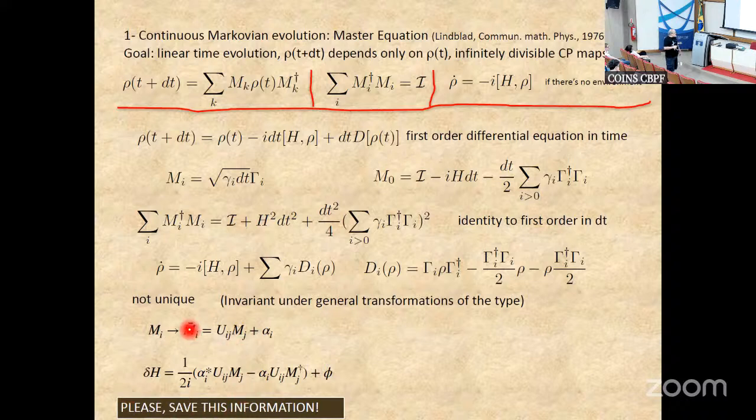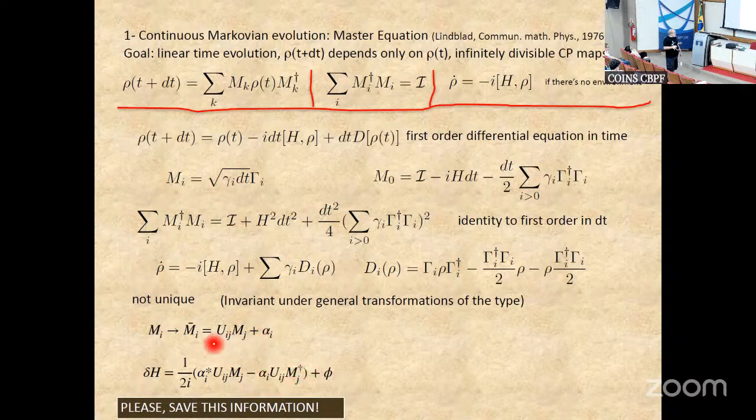And this transformation works like this. If you line up these operators in a vector, what this transformation means is that I apply some unitary transformation to this vector, in which each entry is one of these operators here. And I can also add a constant, a complex number times identity.